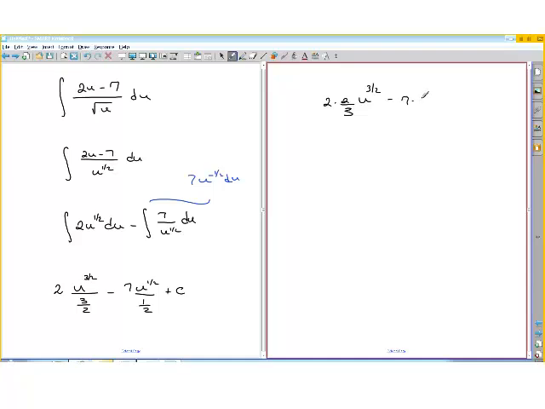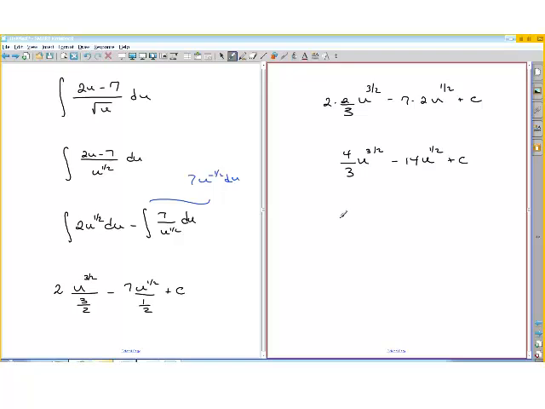And we have 7 times the reciprocal of 1/2, which would be 2, since 2 over 1 is the reciprocal of 1 over 2. So that becomes 4/3 u to the 3/2, pardon, minus 14 times u to the 1/2 power.